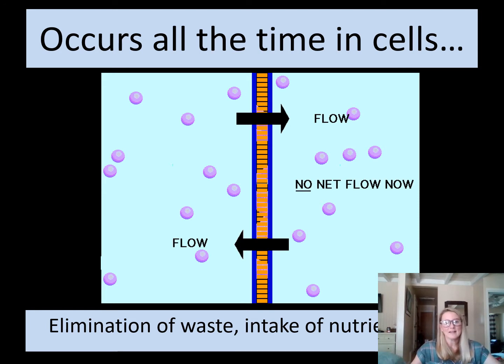So if inside the cell there's a low concentration of items and outside the cell there's a high concentration of those items, then those items are going to naturally want to move from high to low. So they'll move into the cell. Now, of course, the cell sometimes has to use special tools in order to do that, but it still follows the same basic principle, high to low concentrations.